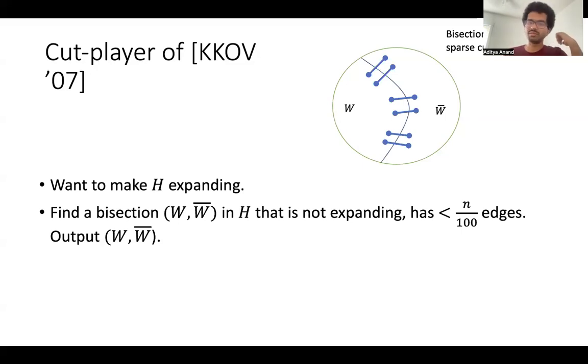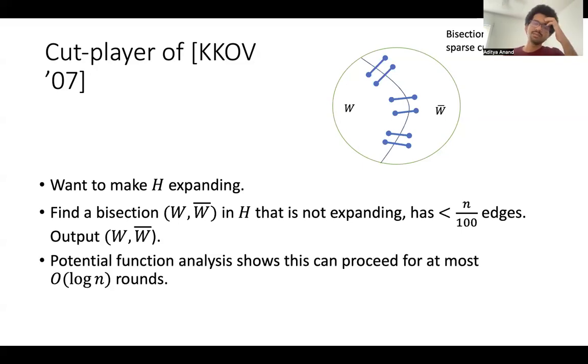So here n is the number of vertices. And potential function analysis shows that you can't proceed for more than log n rounds. So in every iteration, cut player just finds a sparse cut, outputs it. Matching player adds matching across this cut. So at least this cut is fixed, but maybe many others are. What you can show is that this can proceed for at most log n rounds. After that, you will not be able to find a sparse cut, which is balanced.